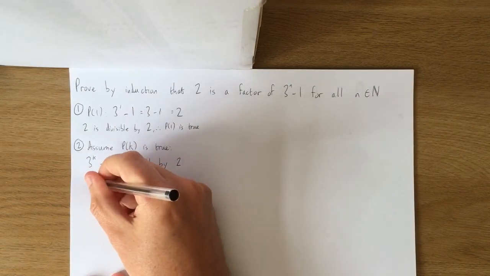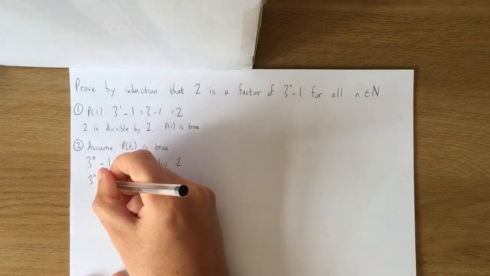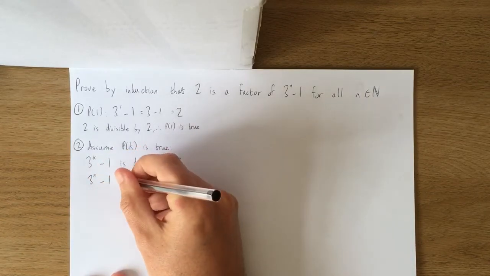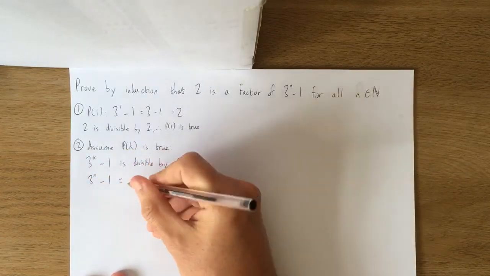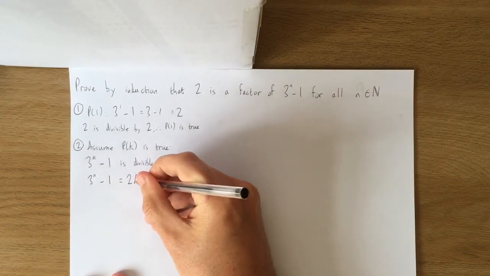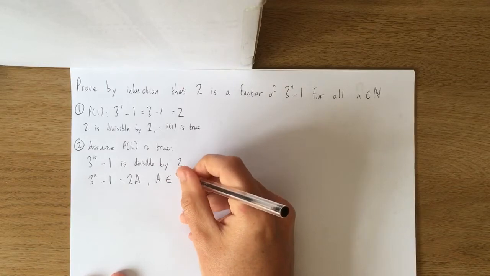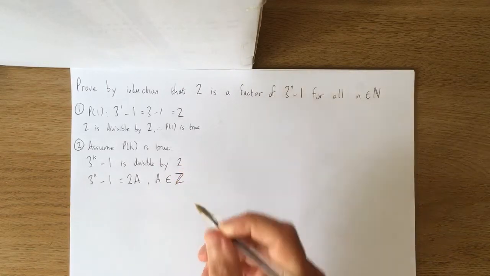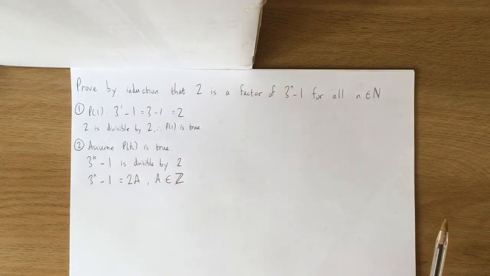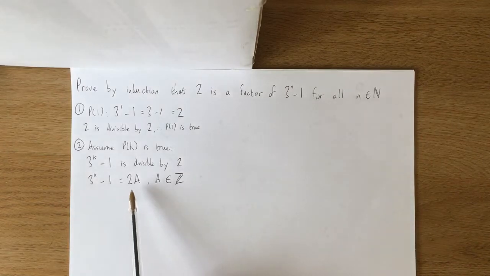Well, 3 to the k minus 1 is equal to 2a, where a is some whole number. Okay, a is an integer. So if you can factorize 2 out of something, it must be divisible by 2.